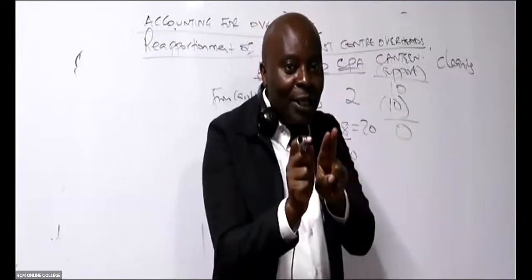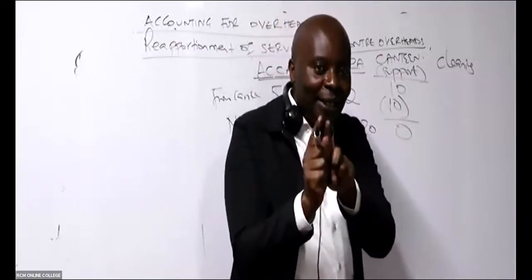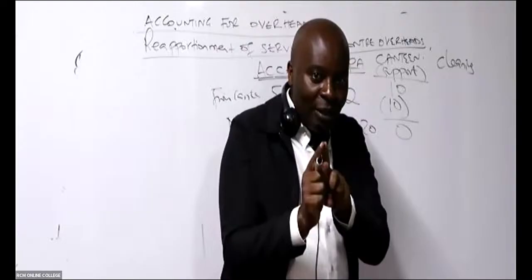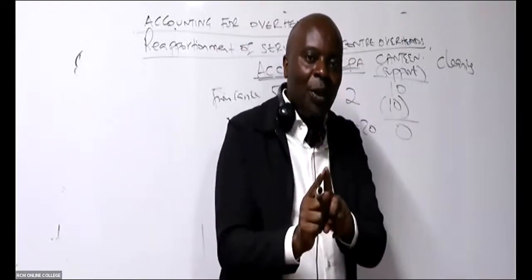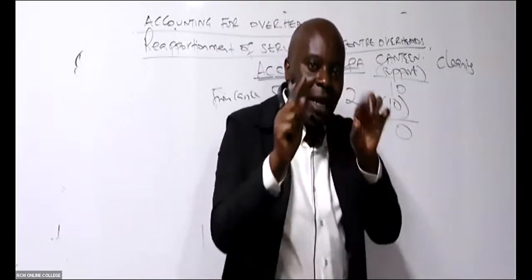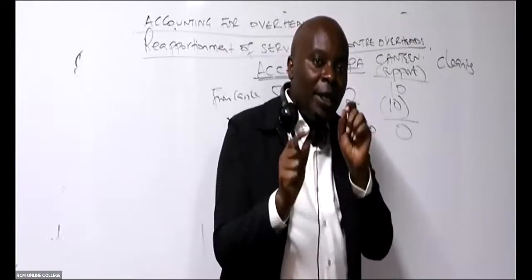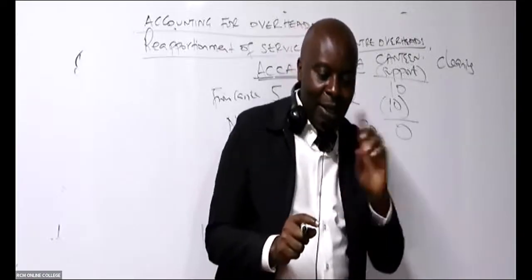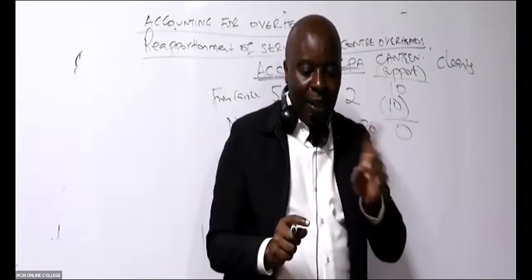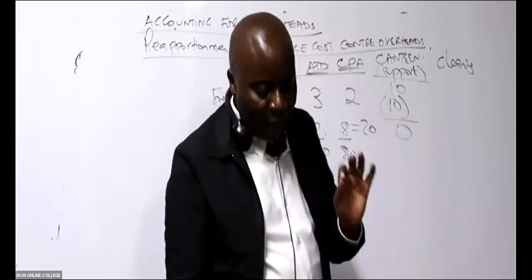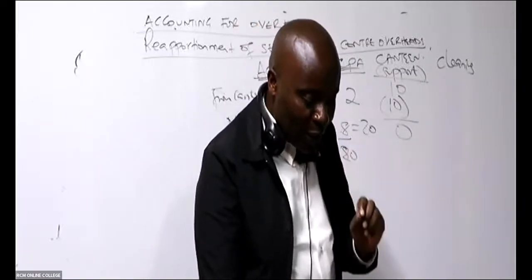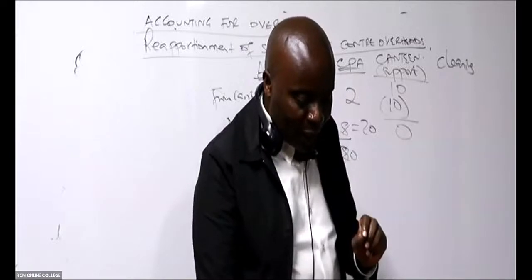So you can see these service departments are interconnected. They are serving each other. Whenever they serve each other like that, we call that inter-services. Each is reciprocating the kindness of the other. And that is what we shall be looking at today.